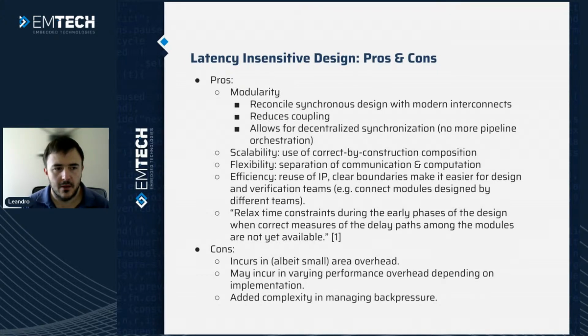This is something even more relevant for ASICs, where there's really not a lot of information about what the routing is going to look like in the early stages of the design. And if you have any problem down the line, it's much easier to adapt by introducing relay stations or pipeline stations in some way.